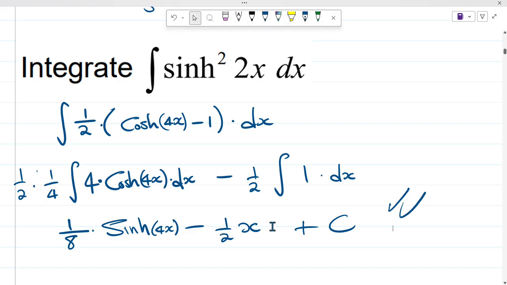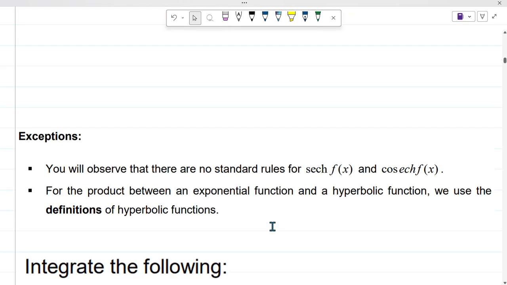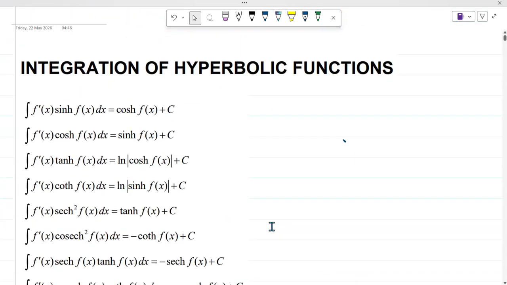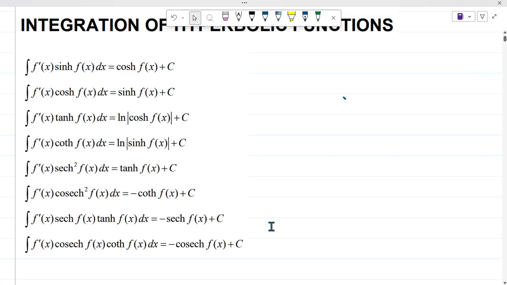All right. So let's see. Let me go back to these formulas. What you're going to realize from these formulas is that there is no standard rule for differentiating or for integrating hyperbolic sec of f of x.